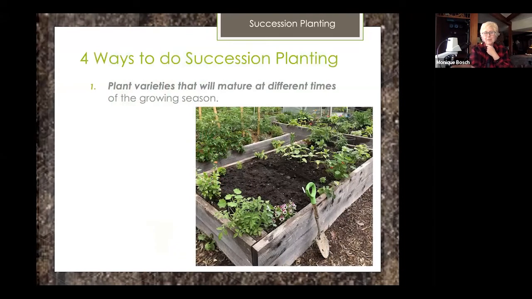And then succession planting. If you're growing basil, plant basil every 2 weeks, or especially things like beans, because your bean plant is all going to be mature at the same time. By planting in succession, you will be able to harvest, and you will also cover the soil and have different rates of growth at different times.